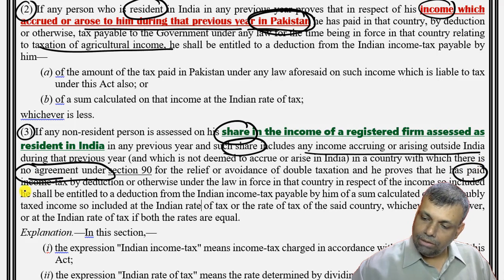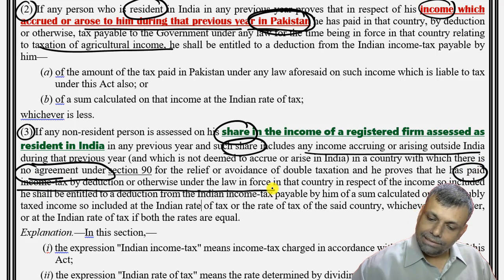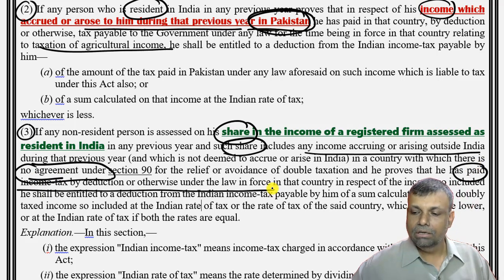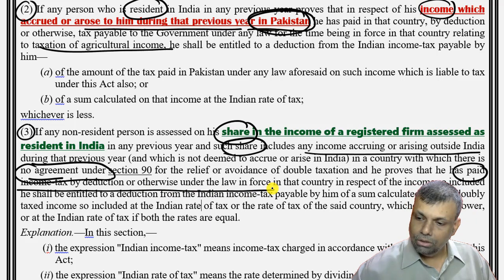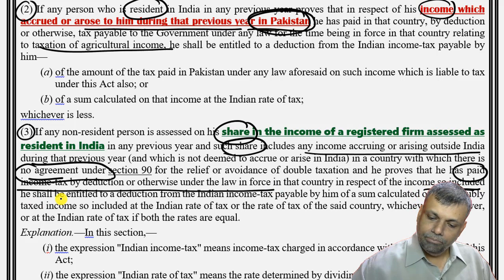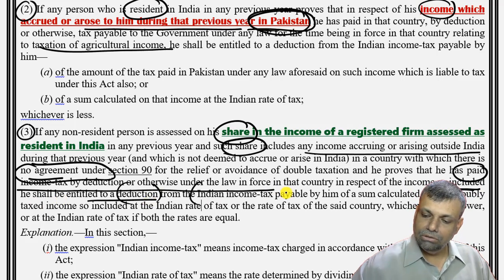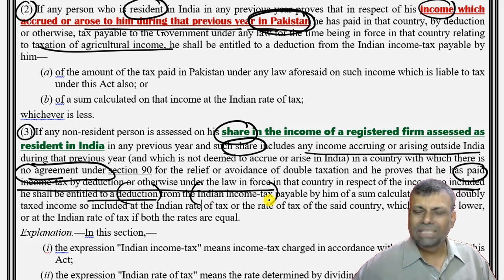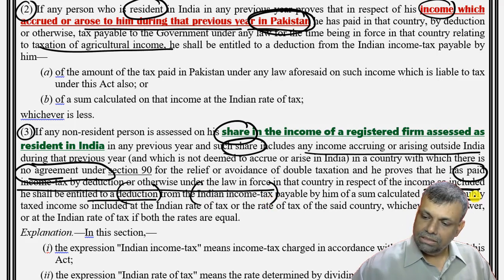Okay, and you have already paid the income tax on this particular kind of income which is so included. Okay, in respect of income which is so included, then he will be entitled to a deduction, that means a double taxation relief from the Indian income tax payable. So from the Indian income, the basic operation is the same. Okay, some calculated on a doubly taxed income.